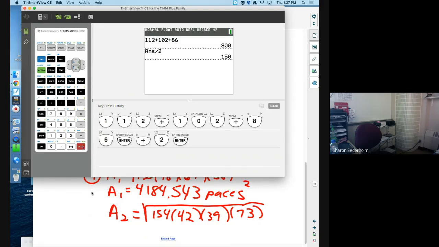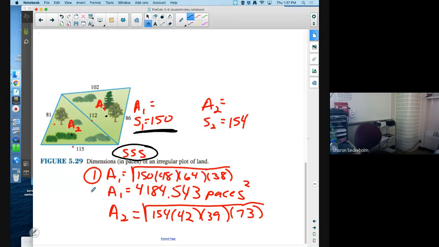That gives you 150. This is the formula for Heron's, and there's S, the semi-perimeter. Then you take each of the side lengths and subtract them from 150. So 150 minus 102 gets you 48. 150 minus 86 gives you 64. And then minus the 112 gets you 38.